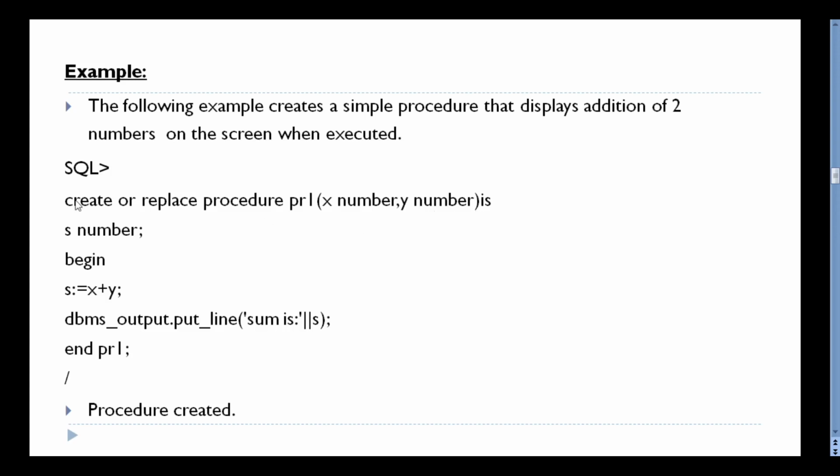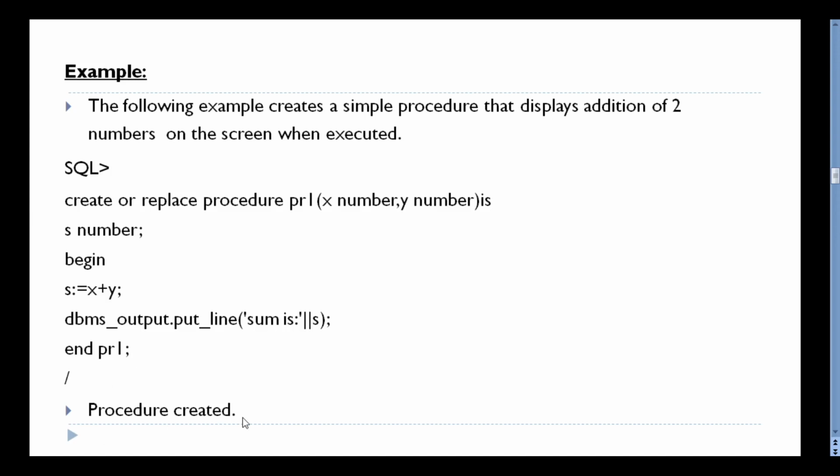Then s number is a local variable. Begin, s equals x plus y, then dbms_output.put_line, sum is, s. And then END PR1. This is also optional, the name of the procedure, you may or may not write it here.